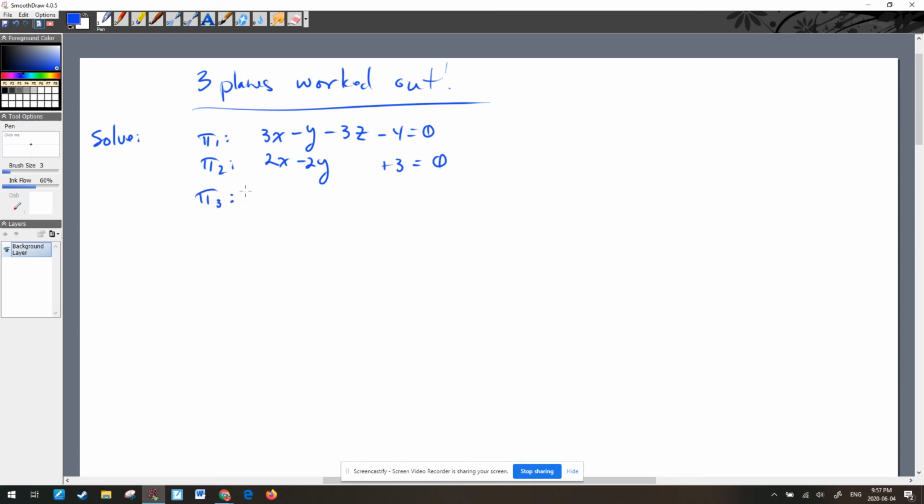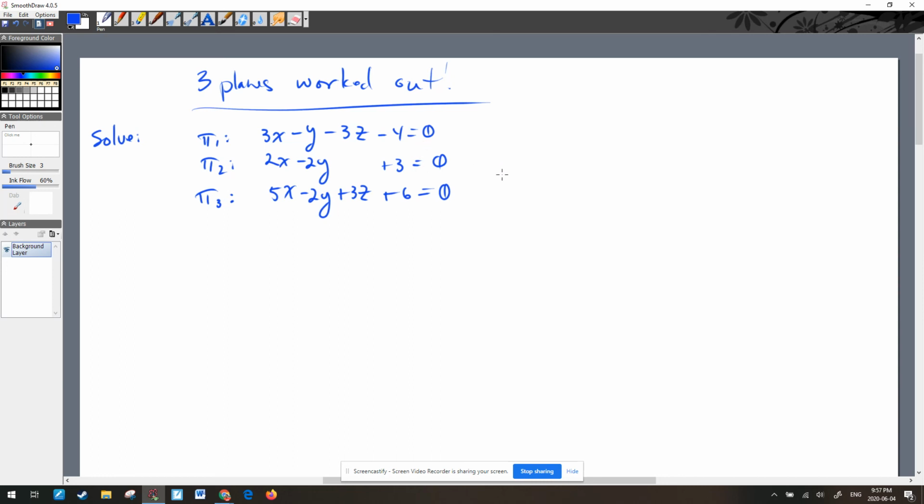Plane 3, it's really cooled off out here, it's nice, is 5x minus 2y plus 3z plus 6 equals 0. Because you have to cook these things, otherwise they get horrible. So 3x minus y minus 3z minus 4, yep. 2x minus 2y plus 3, yep. And then 5x minus 2y plus 3z plus 6 equals 0. Okay, so there we go.